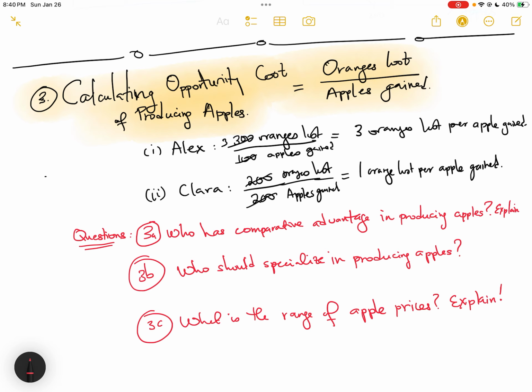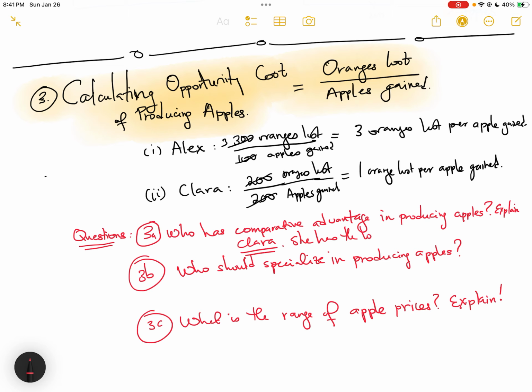Well, if you've been to class, it means who gives up fewer oranges to produce an apple. It's Clara, right? Clara gives up fewer oranges to produce an apple. And so Clara has comparative advantage in producing apples here. So Clara is the answer. And why? Well, she has the lower opportunity cost.